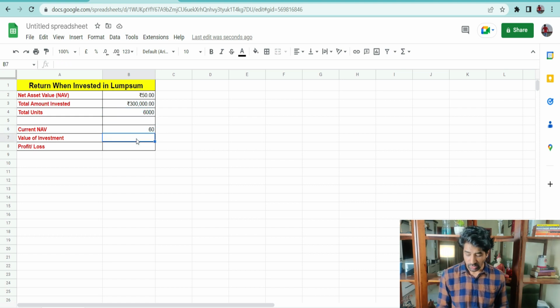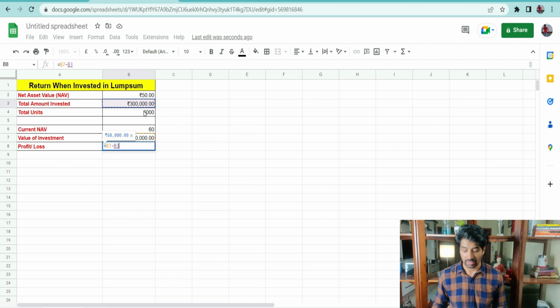So if I do the calculation, it would be 60 into 6,000, that is 3,60,000. So what would be your profit or loss? The profit or loss would be equal to the value of investment minus the invested amount. So it is 60,000 rupees. This is as simple as that.